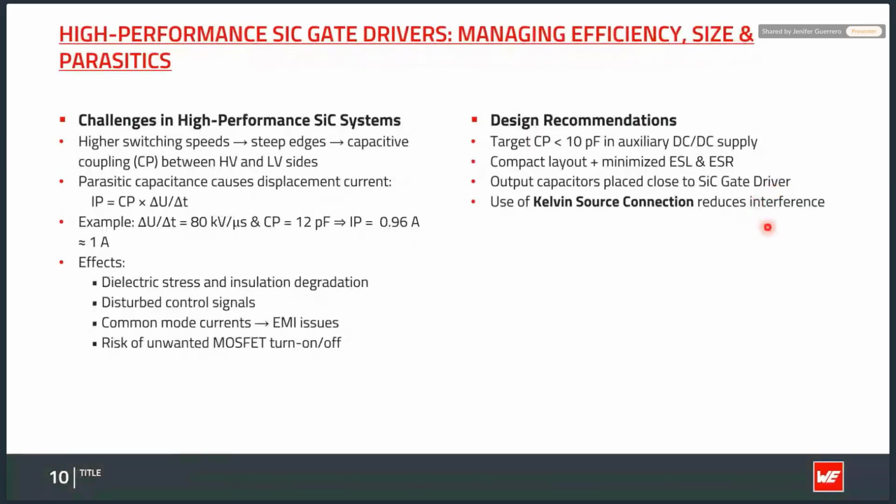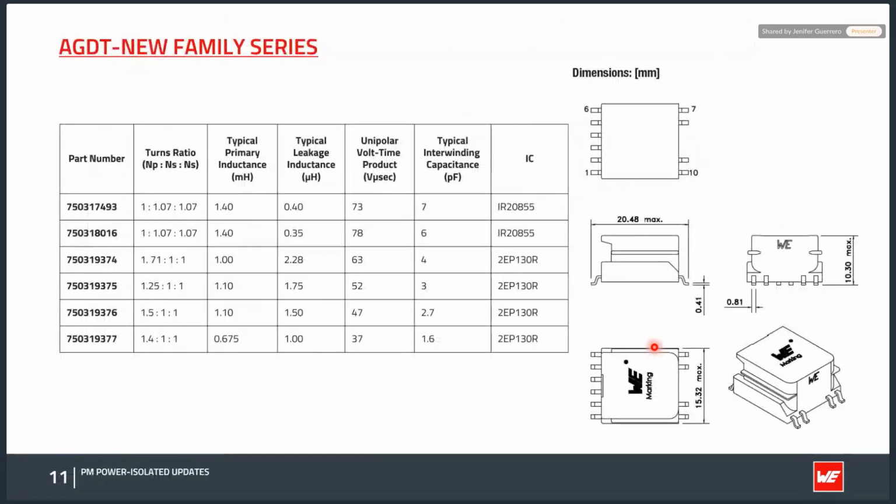And if you can, use a Kelvin source connection to separate the switching current from the gate sense pad, which will help reduce gate ringing and keep your signal clean. So bottom line, if you want to ensure reliability in a high performance silicon carbide system, controlling the parasitics isn't optional; it is one of the most critical aspects of gate drive design.